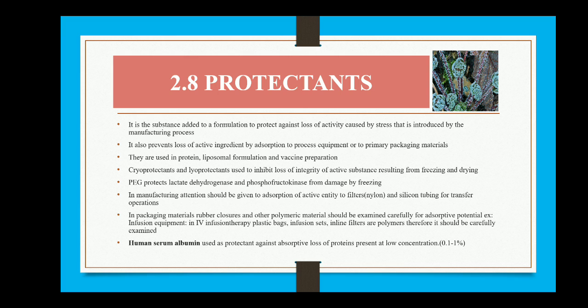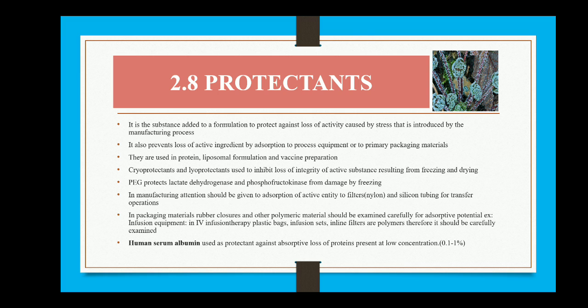Last important additive used in the preparation of parenteral products are protectants. These are the substances added to the formulation to protect against the loss of activity caused by the stress that is introduced by the manufacturing process. It also prevents the loss of active ingredient by absorption to process equipment or to primary packaging materials.